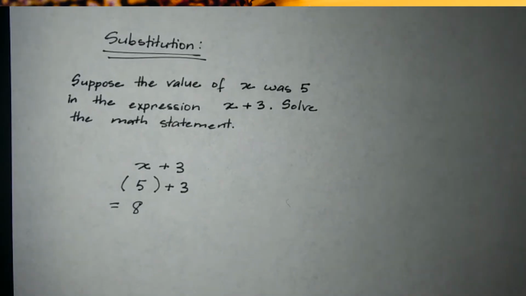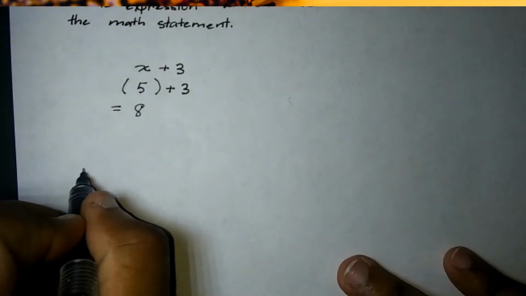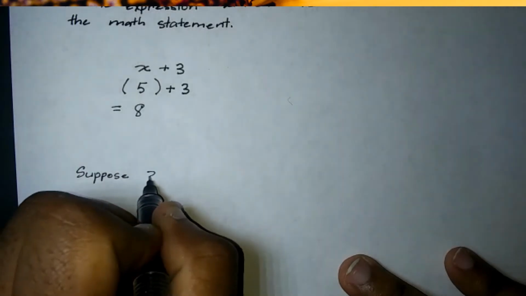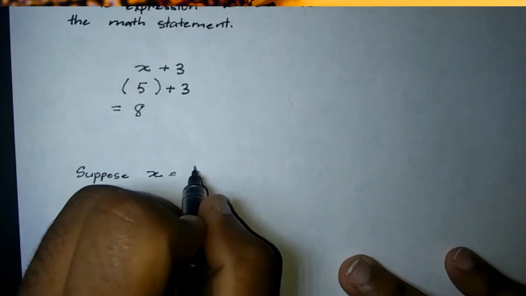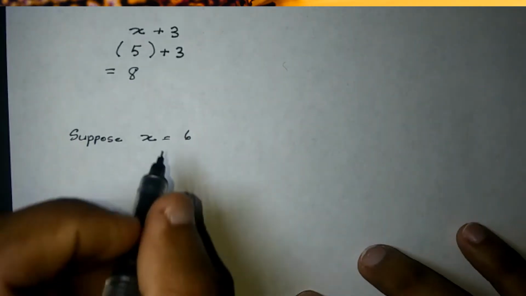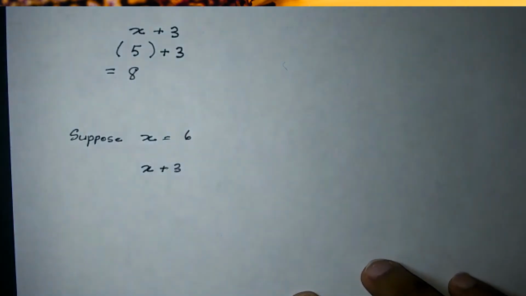Great. Let's use another value for x. Suppose x was 6. What I'm going to do is to rewrite my expression x plus 3. Then remember what substitute means? It means to replace something with something else.